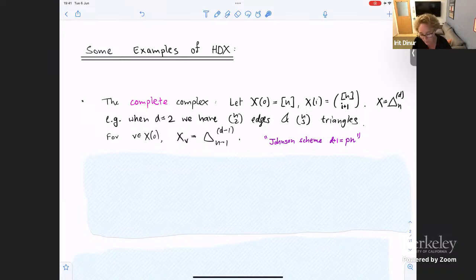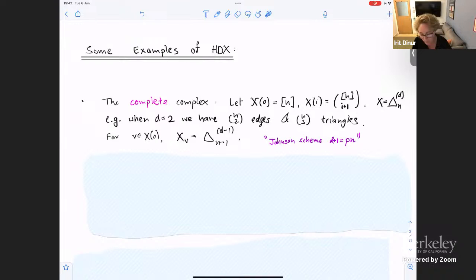So similarly, we have the complete complex. You have a graph of n vertices, and then any dimension possible, all faces. So you take all possible edges, all possible n choose 3 triangles, up to level d.